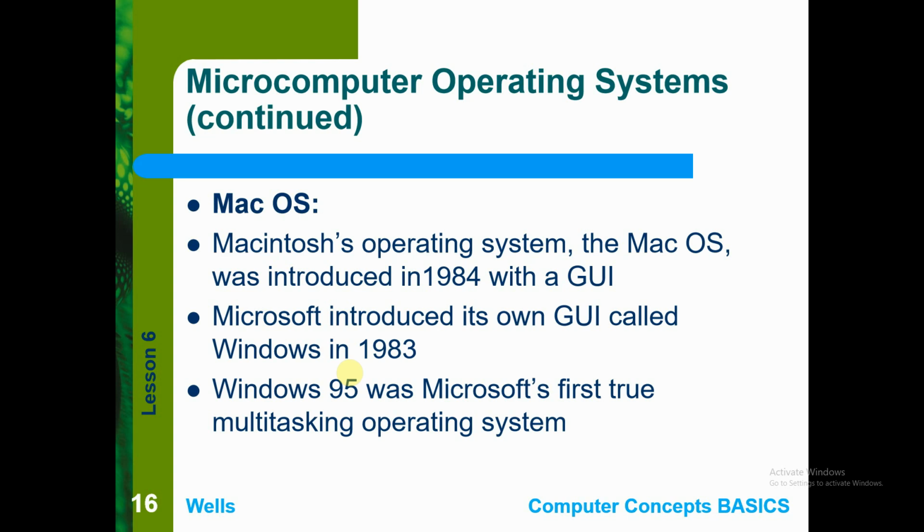But the Windows 95 version was the first true multitasking operating system. Kumbaga sa initial na release nila, it was mostly unstable gid. But then subong nag-improve ni siya with the Windows 95 nga version of the operating system sa Microsoft.